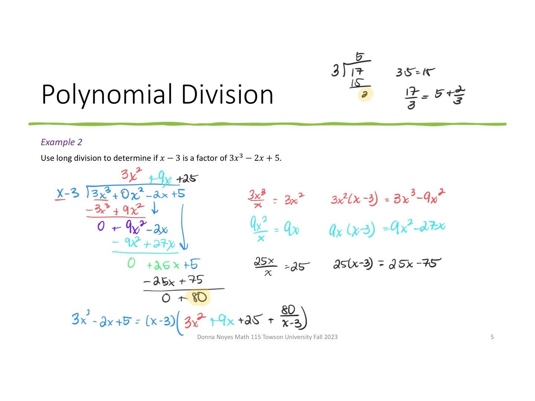Because we understand how distributing polynomials works, I want to show you a really cool trick of how we can write this in an easier to see way. We can take this x minus 3 and multiply it by just this last one as well. So if we separate it out a little bit, we can say then that we have x minus 3 times, and let's leave our 3x squared plus 9x plus 25 alone.